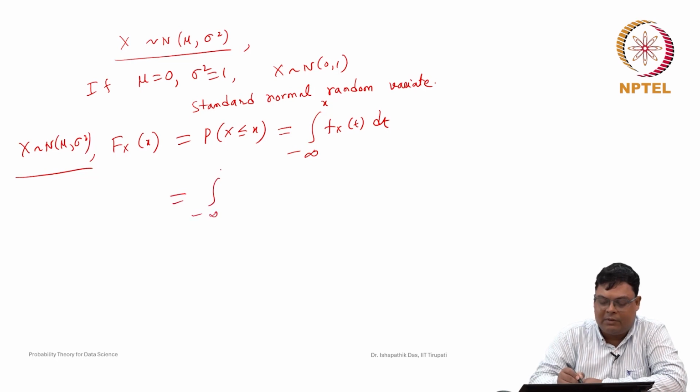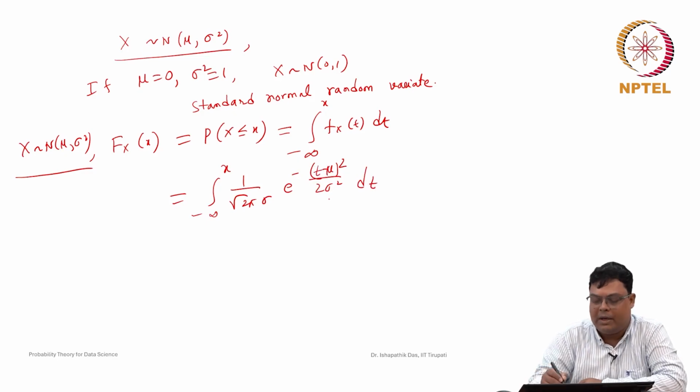This is nothing but the integral from minus infinity to x of 1 by root 2 pi sigma e to the power of minus (t minus mu) whole square by 2 sigma square dt.